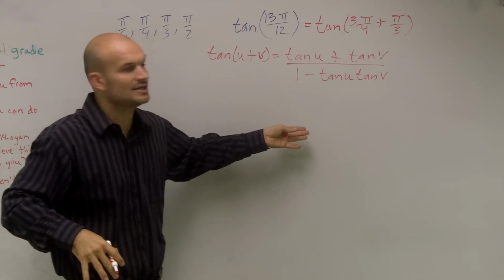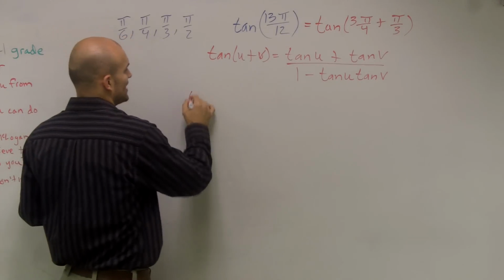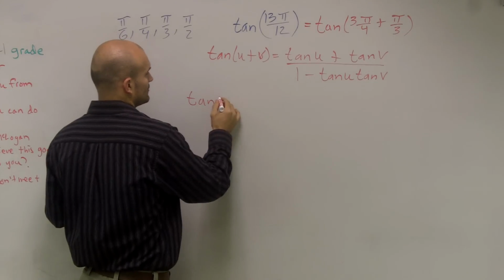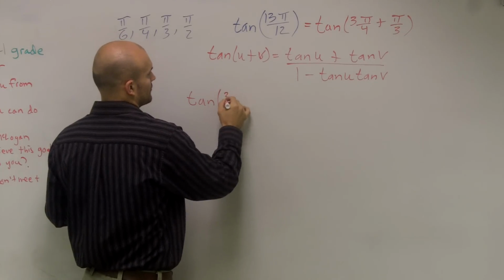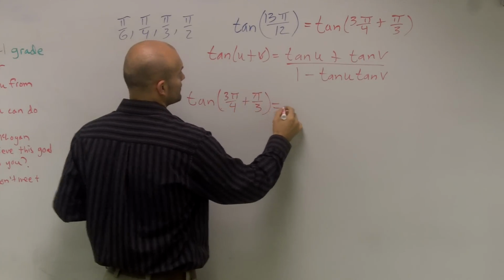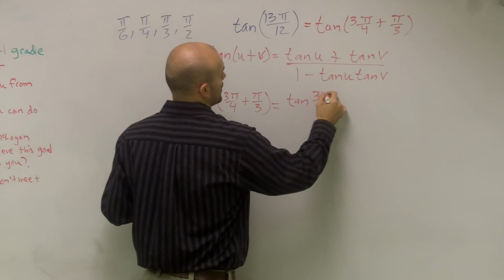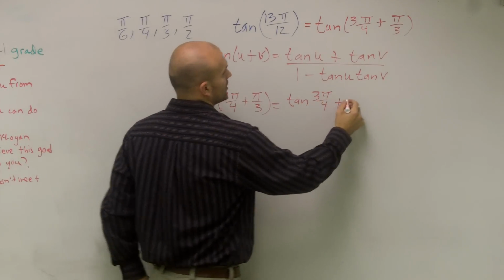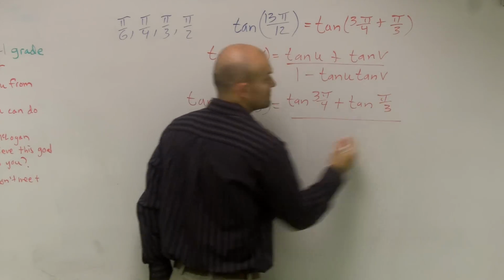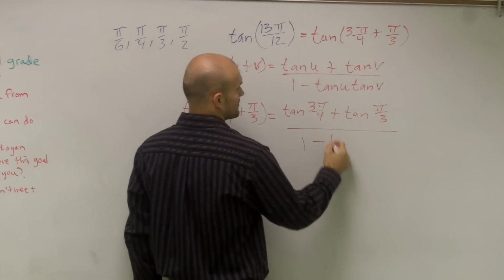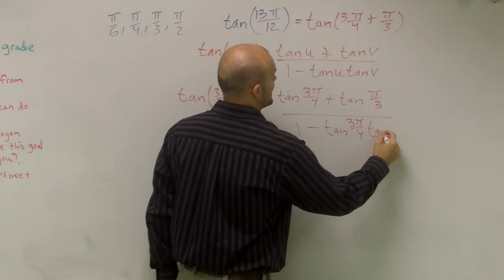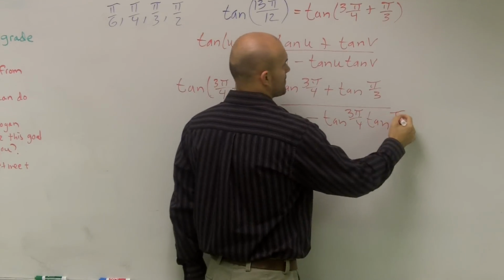So now I simply need to plug in those values. Tangent of 3 pi over 4 plus pi over 3 equals the tangent of 3 pi over 4 plus the tangent of pi over 3, divided by 1 minus the tangent of 3 pi over 4 times the tangent of pi over 3.